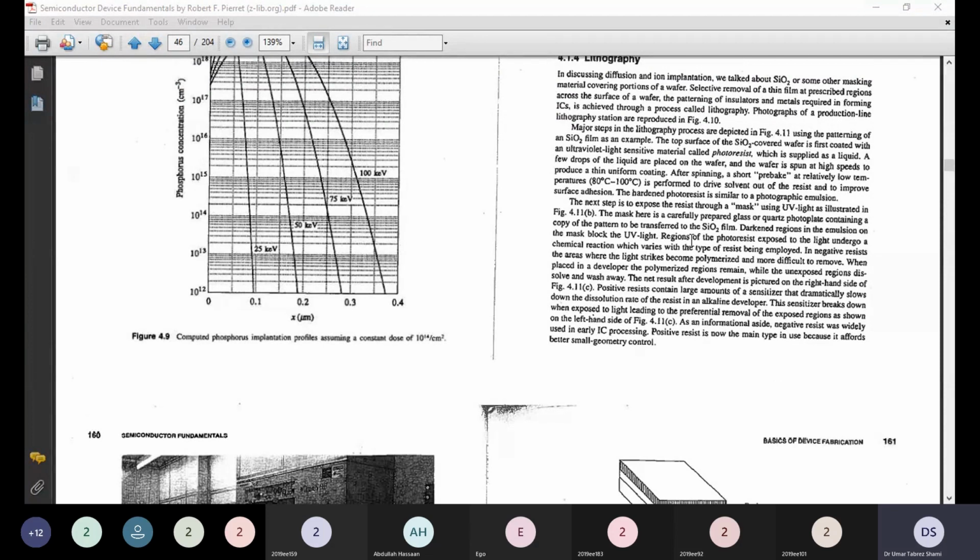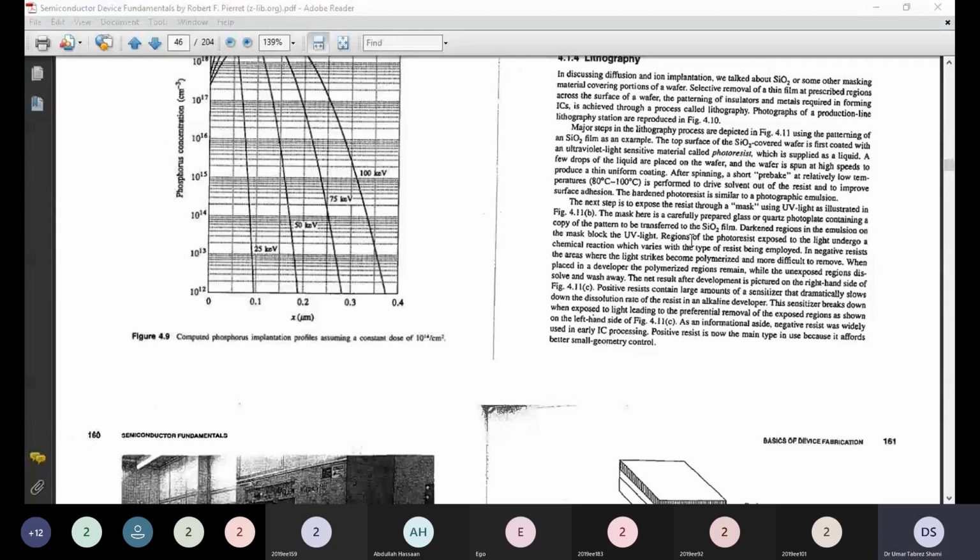The top surface of the silicon oxide covered wafer is first coated with an ultraviolet light sensitive material called photoresist, which is supplied as a liquid. A few drops of the liquid are placed on the wafer and the wafer is spun at high speed to produce a thin film coating.